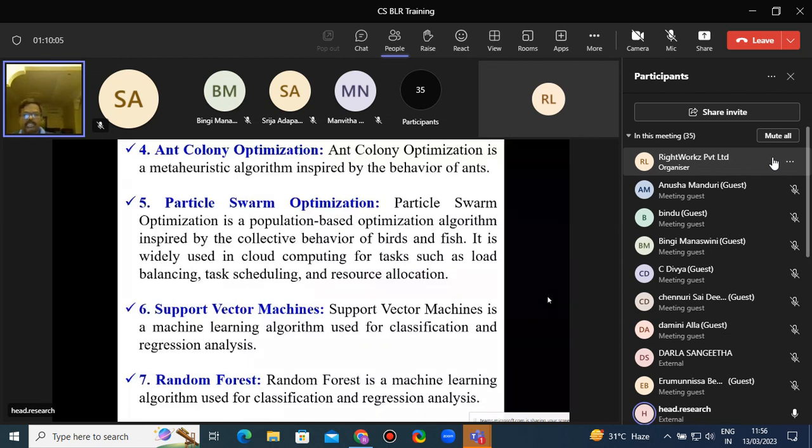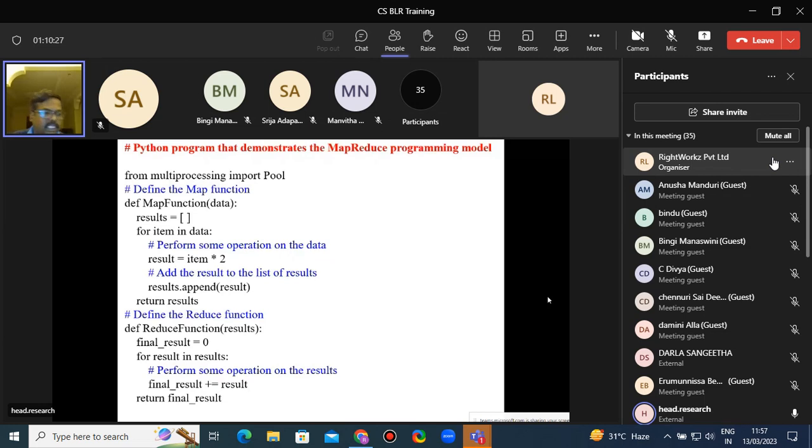Support vector machines is a machine learning algorithm used for classification and regression analysis. Seventh one, random forest. Random forest is a machine learning algorithm used for classification and regression analysis. Then the practical session. Now I am closing the theory session.